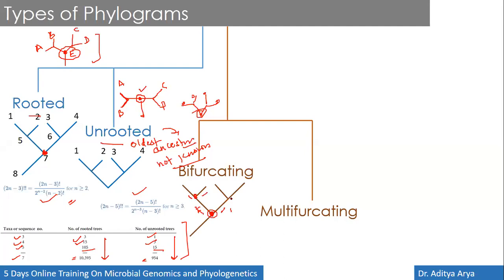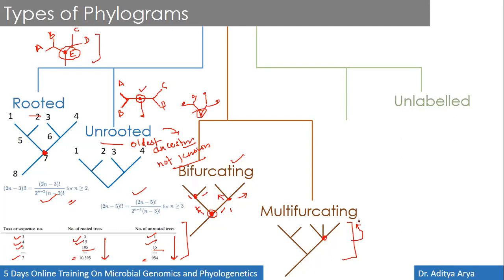So if you have a tree with only 2 branches at each node, it will always be called a bifurcating tree. But in some instances, if from one node there are 3 or more than 2 branches emerging, then that tree will be termed a multifurcating tree. So this is another way of classifying phylogenetic trees. They may be bifurcating, they may be multifurcating.